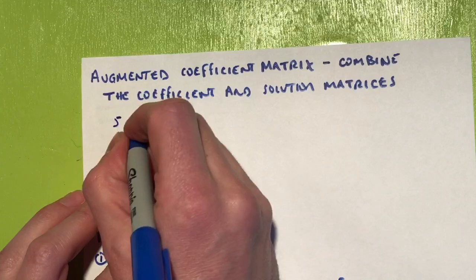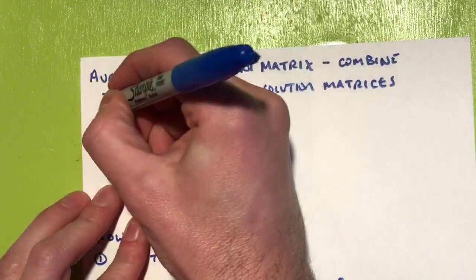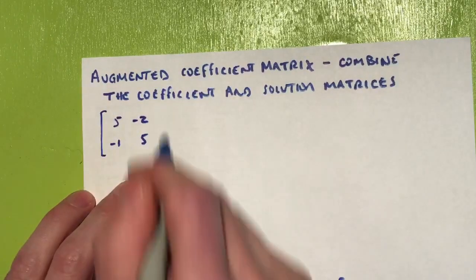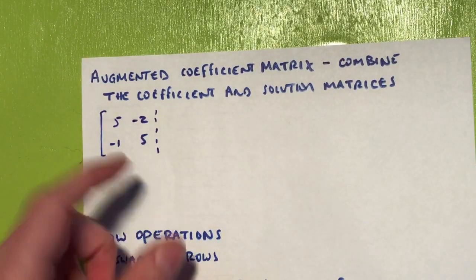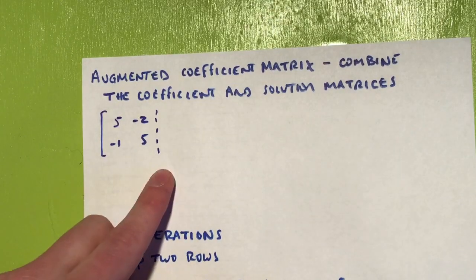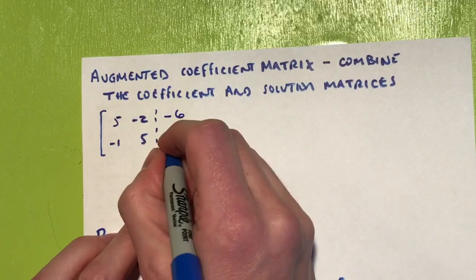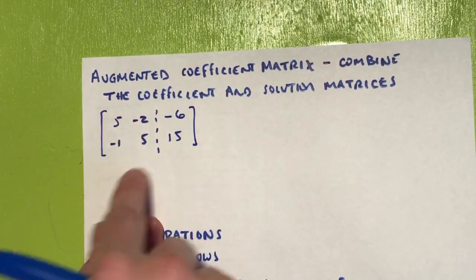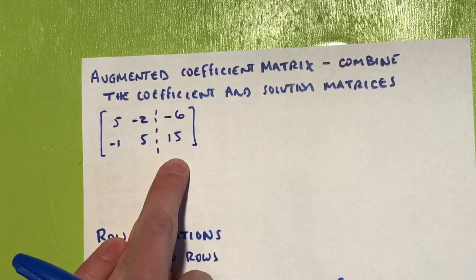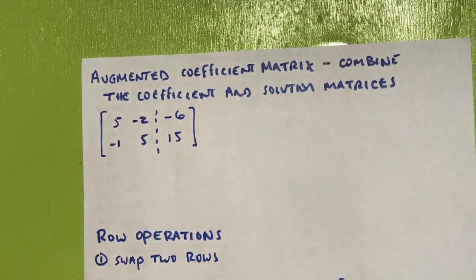So we have 5, negative 2, negative 1, 5 was our coefficient matrix from before, and I'm going to combine that. I use a dashed line to indicate that I'm really stitching these two together with my solution matrix, negative 6, 15. Creating the coefficients combined with the solutions, I call this my augmented coefficient matrix.